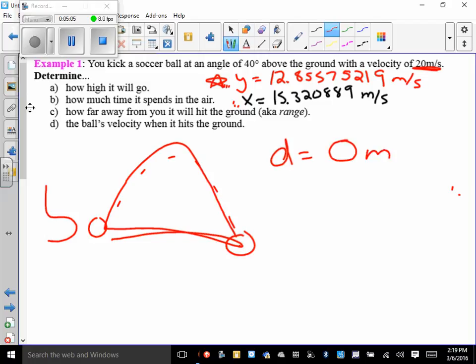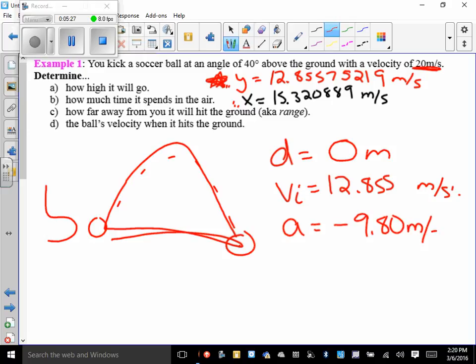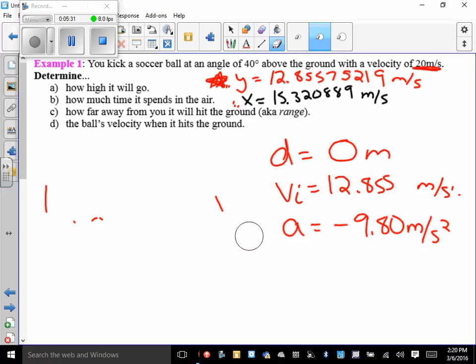I know my initial velocity, which I calculated, 12.855 and all that change meters per second. I know my acceleration in the vertical is negative 9.80 meters per second squared. And what I want to know is time.